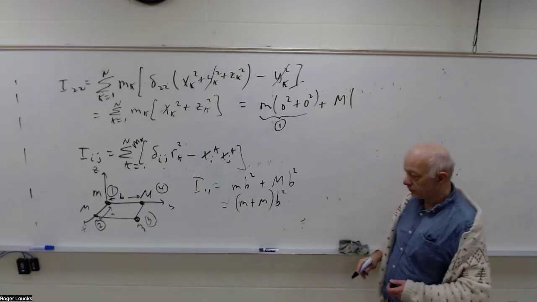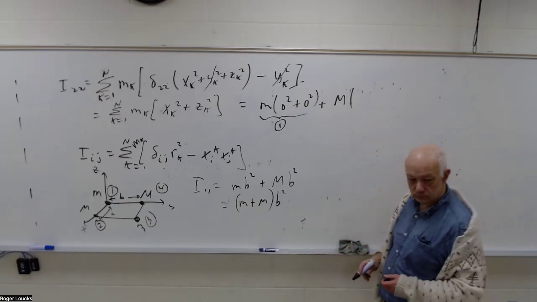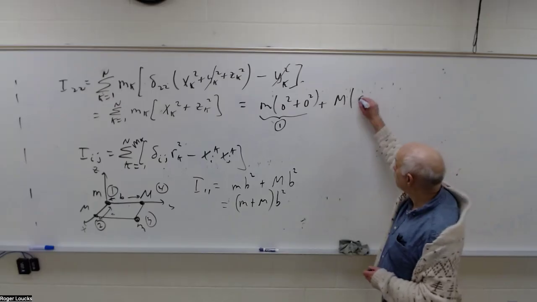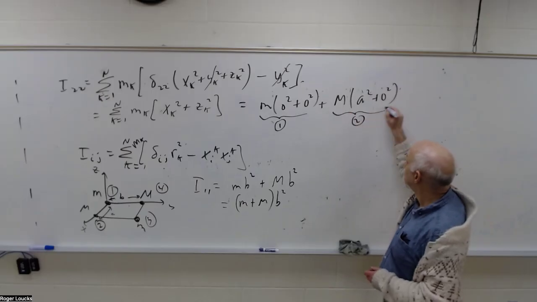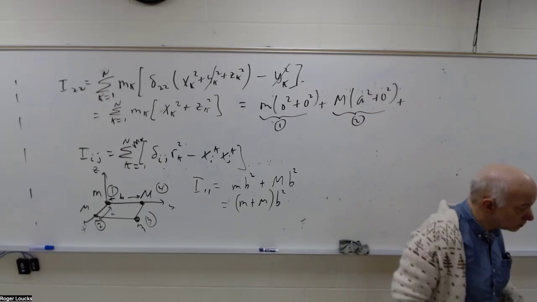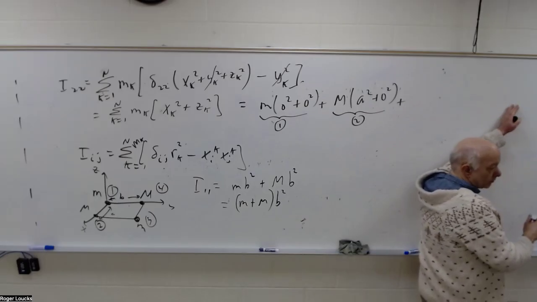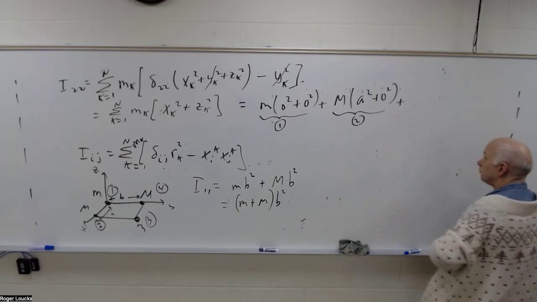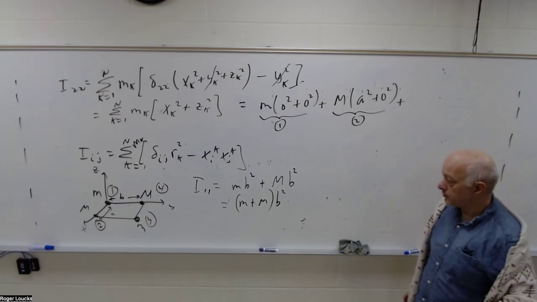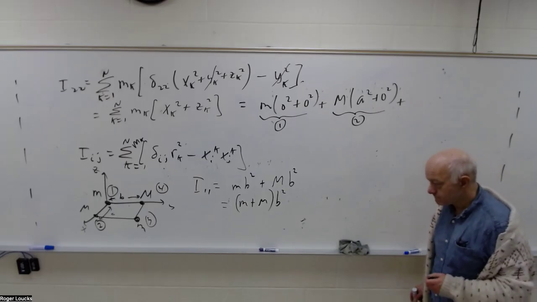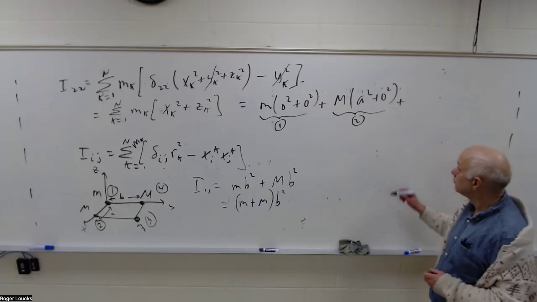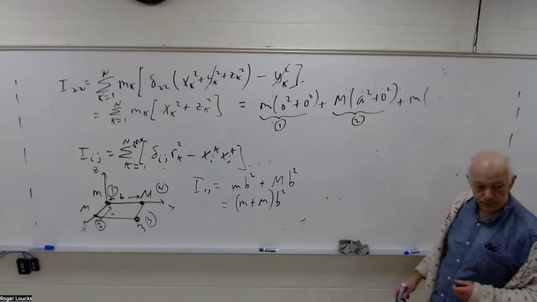So what's X squared? A. Okay, so this will be A squared plus 0 squared. This is going to be by 2. Particle 3 is going to be what? Little m.